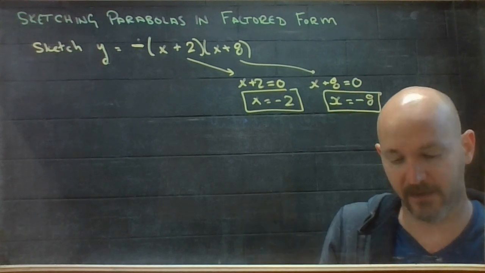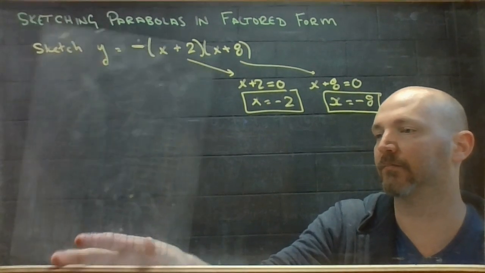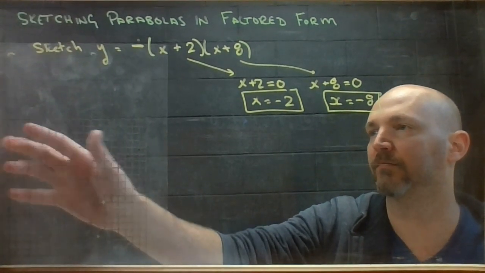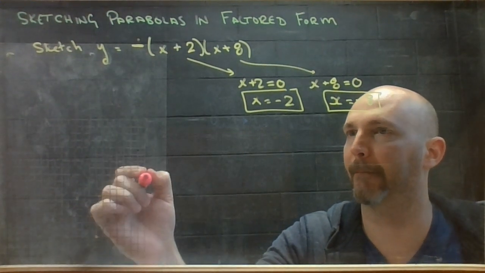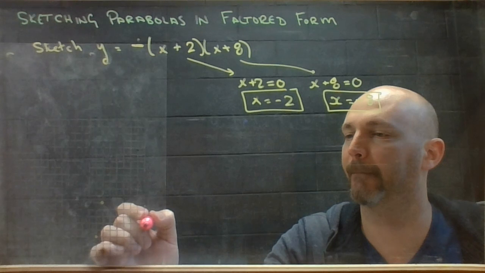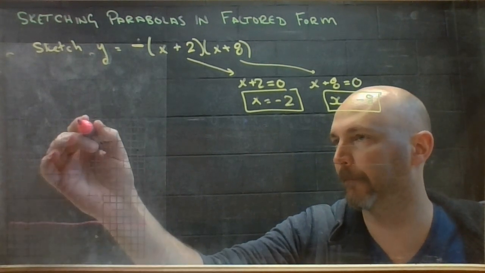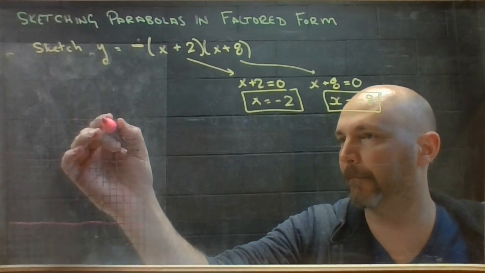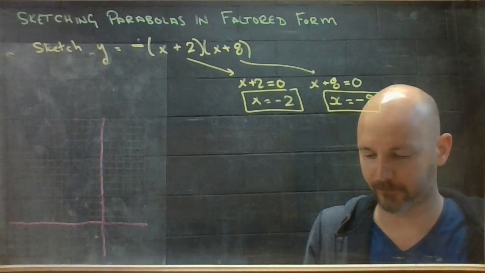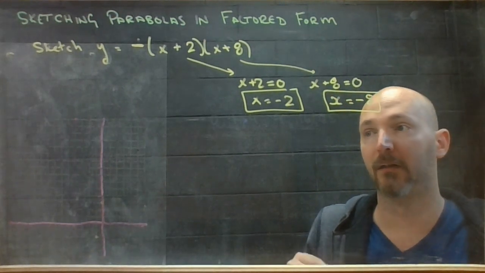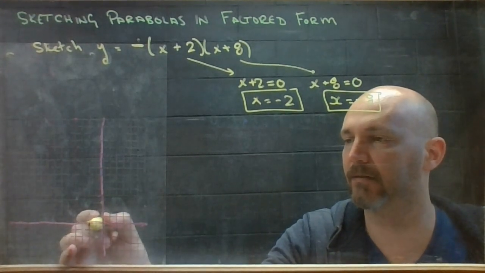So I'm going to set myself up a grid, and I'm going to plot those on there. So the first one is at negative 2. 2 would be here.